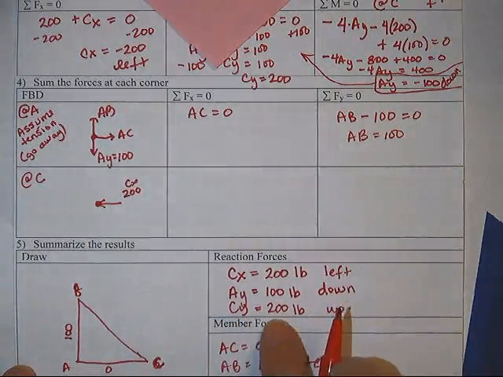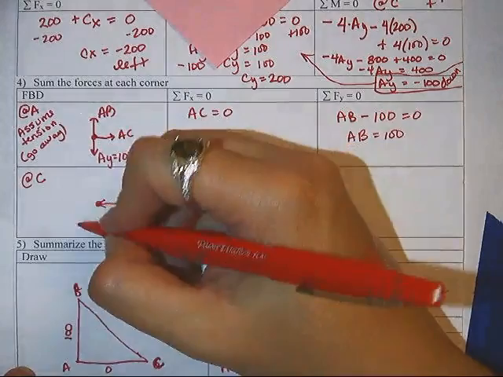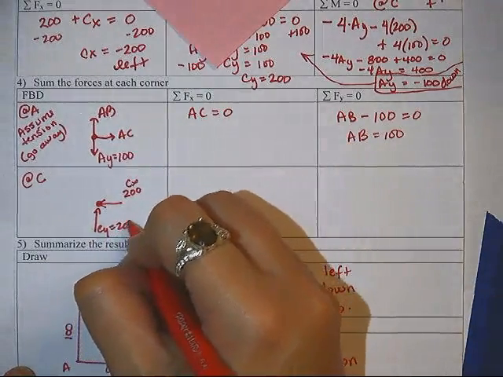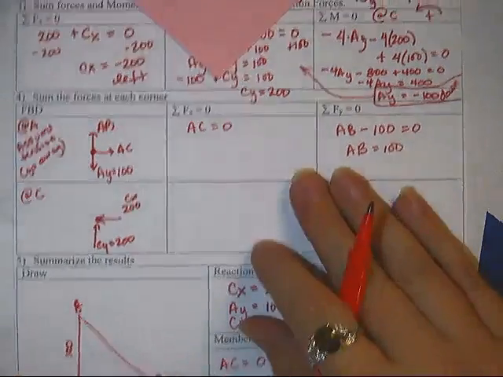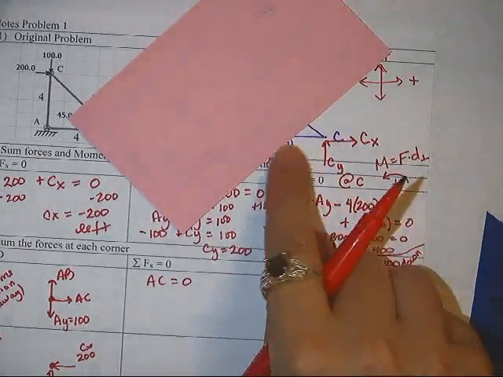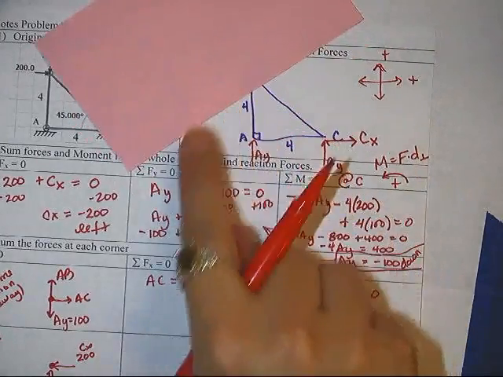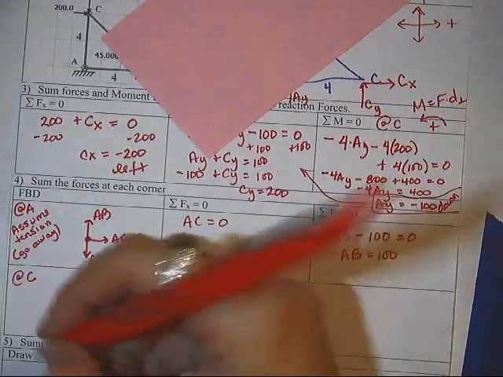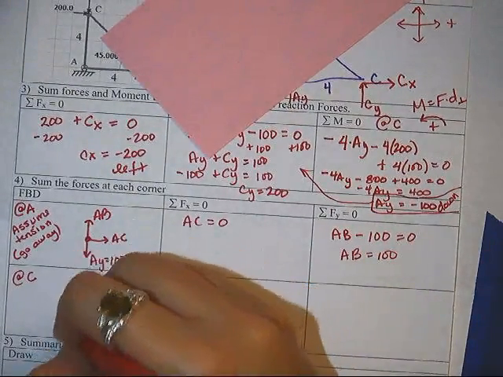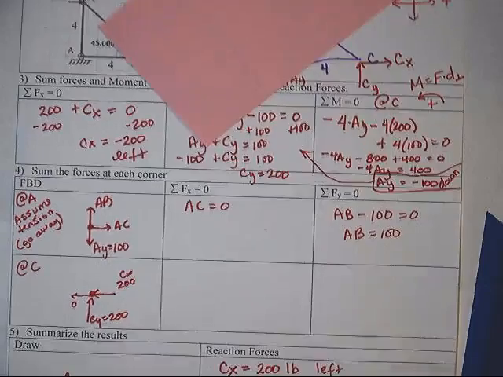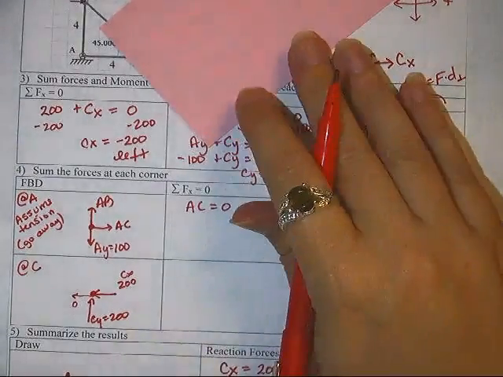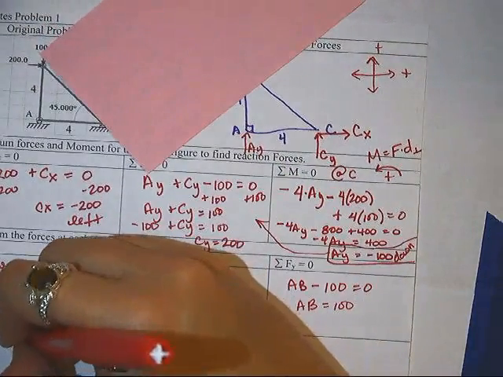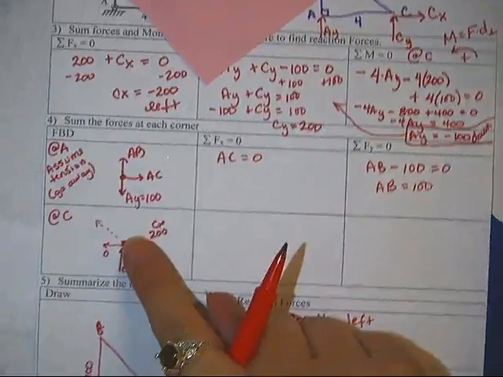And CY is going 200 pounds up. I also have here at C the tension in AC, but we found that AC was 0. So I'm going to draw it in here, but this one is 0. Then I also have this one going at this diagonal, and I'm going to draw this a little dashed line here.